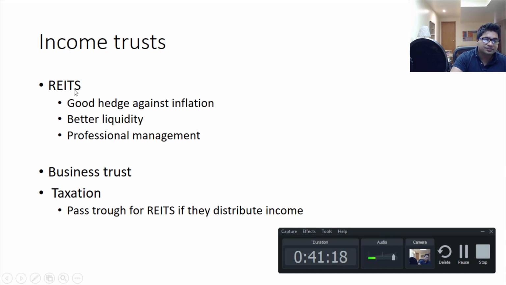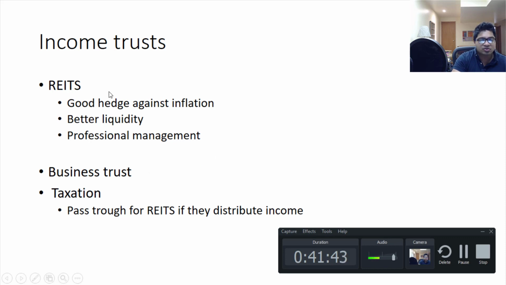REITs are real estate investment trusts. These are mutual funds that invest in actual real estate, so they buy commercial and residential properties. They are a good hedge against inflation. They have better liquidity than real estate properties because they are traded on exchange, and they have professional management.